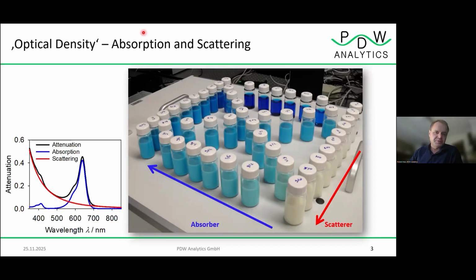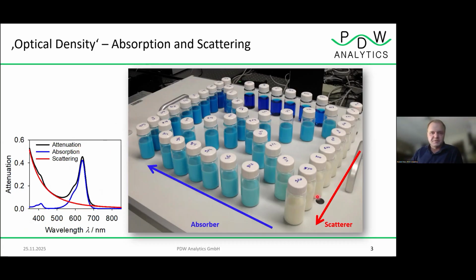If you think about a conventional extinction or attenuation experiment, what you would measure is the attenuation, the black curve, which is actually the sum of the two processes: the scattering contribution and, shown here in blue, the absorption contribution. With the normal attenuation measurement, you can't discriminate between the two parameters.